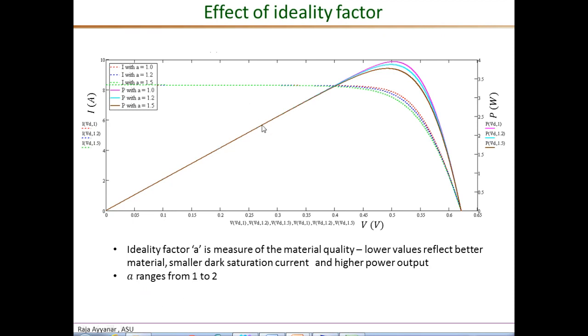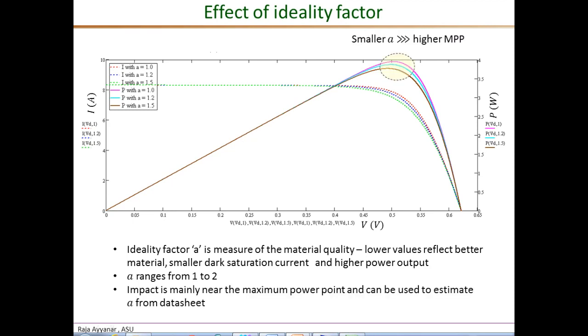The plot here shows the power voltage curves along with the current voltage curves for 3 different values of the ideality factor A. For A equals 1, 1.2 and 1.5, with the pink curve corresponding to A equals 1, the blue is A equals 1.2, and the brown is 1.5.